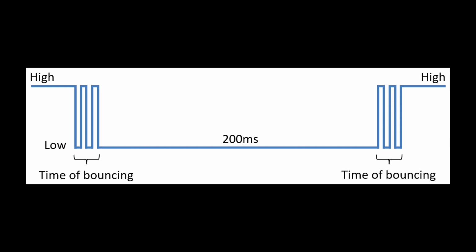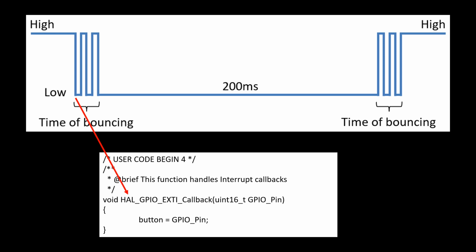By the way, the same happens when the button is released again. This means that we absolutely have to wait at least 20 milliseconds after the event until we can verify a valid keystroke.